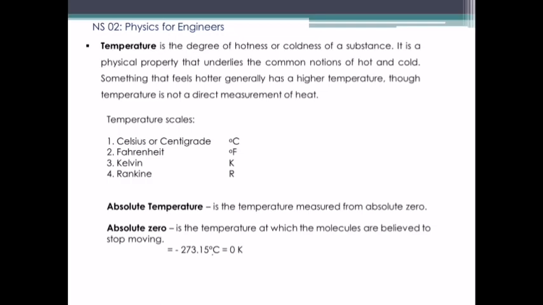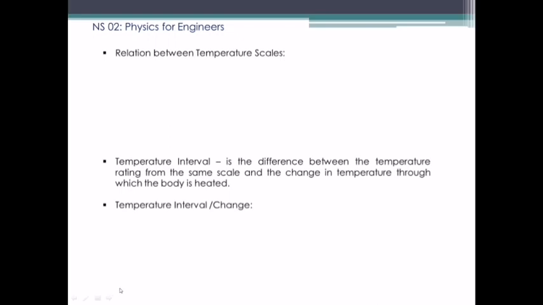And why is this negative 273.15 degrees Celsius? That is because the relation between the temperature scales is that temperature in Kelvin is equal to the temperature in degrees Celsius plus 273.15, or approximately 273.